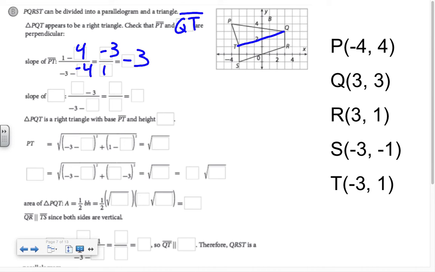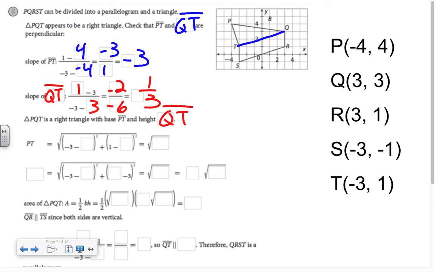The slope of QT is 1 minus 3 over negative 3 minus 3. So that's negative 2 over negative 6, which reduces to 1/3. So those are opposite reciprocal slopes, which means triangle PQT is a right triangle with base PT and height QT.